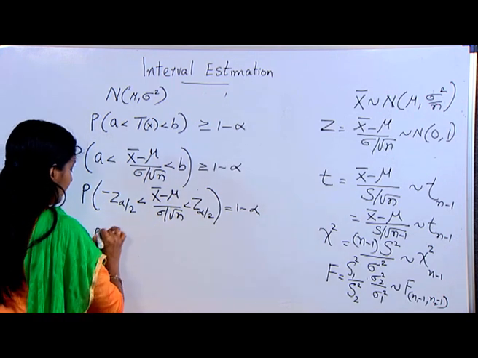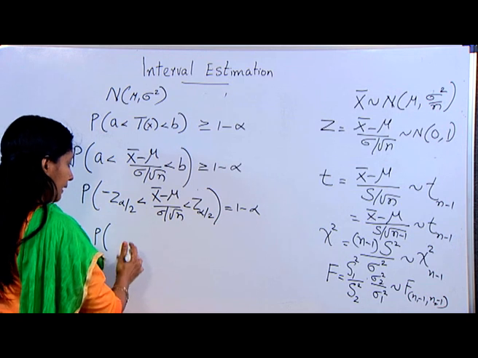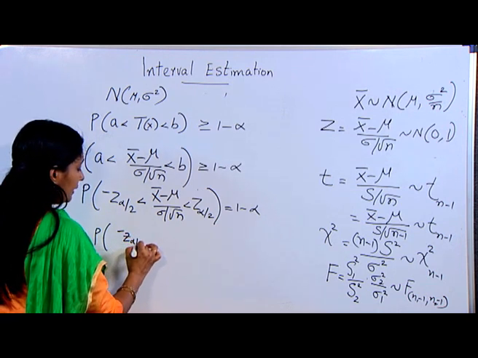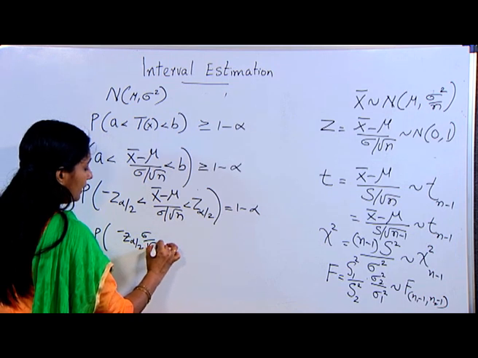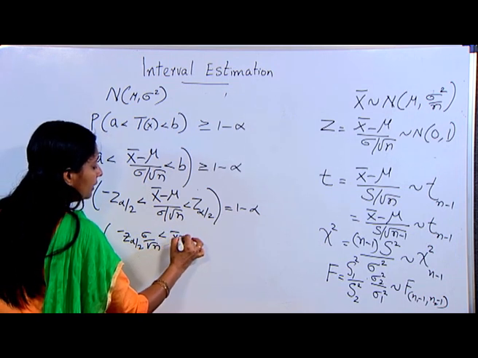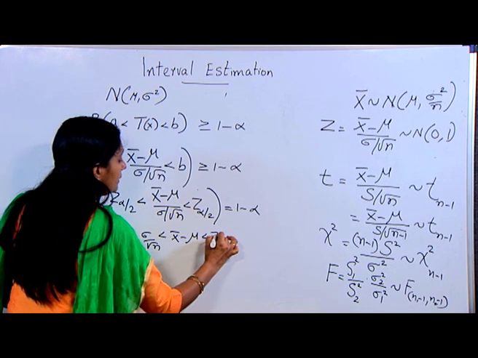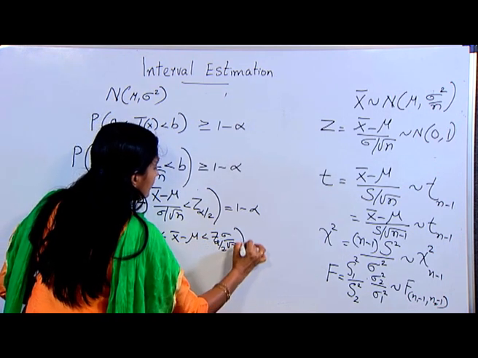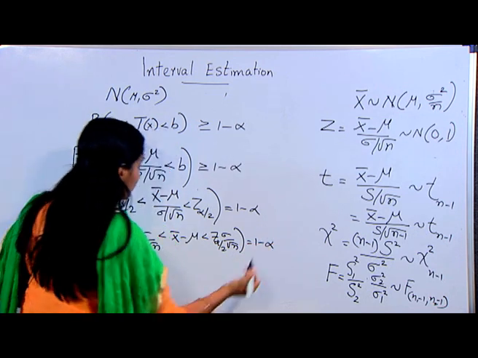Now, by adjusting the left hand side and right hand side, we can write this as the probability of minus Z alpha by 2 sigma by root n less than X bar minus mu less than Z alpha by 2 sigma by root n is equal to 1 minus alpha.